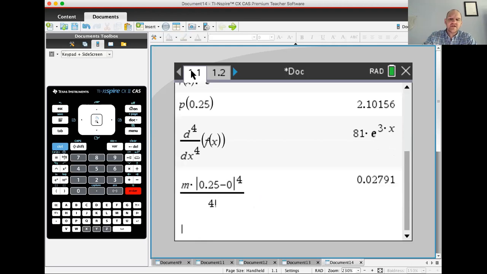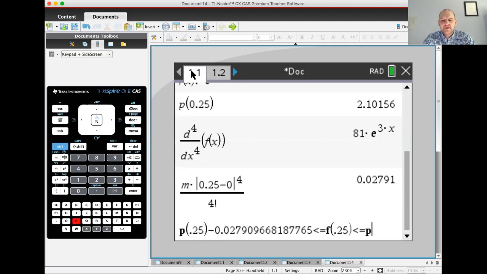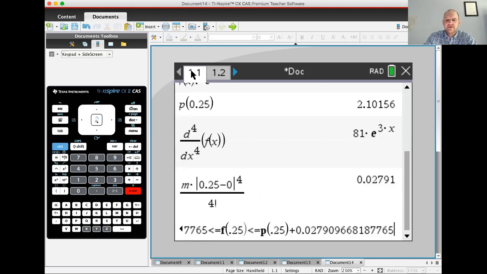All right, so now the question I want to answer is P of 0.25, so that's my approximation. If I subtract the error, I know that that should be less than the actual value. Is that less than or equal to f of 0.25, and then also less than or equal to P of 0.25, my approximation, plus my error, so plus this?